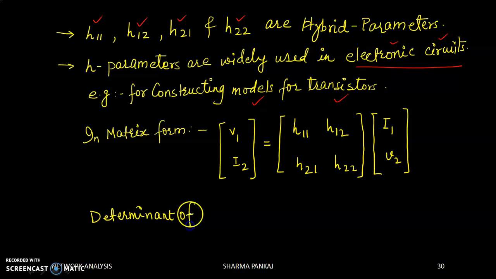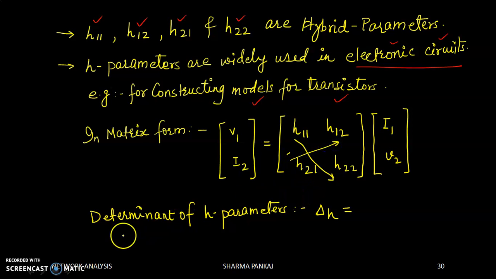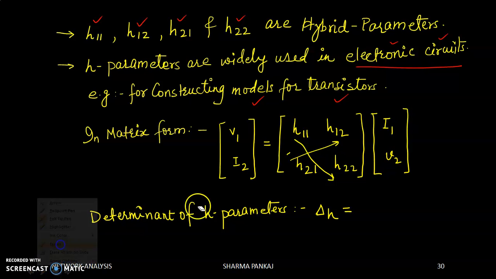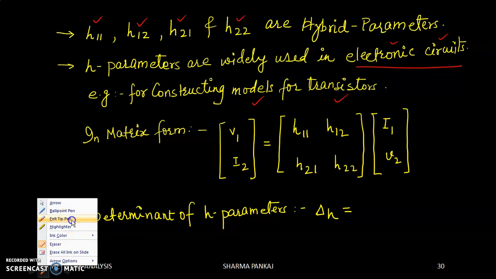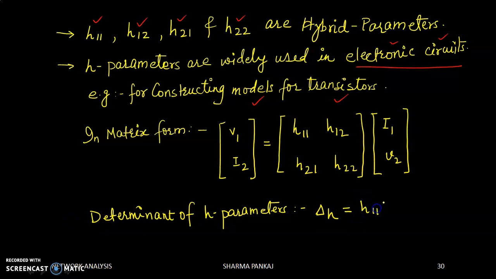Determinant of H parameter, that is delta H. Delta H will be equal to H11 H22 minus H21 H12. We write the multiplication from here to here, H11 H22, minus H21 H12.